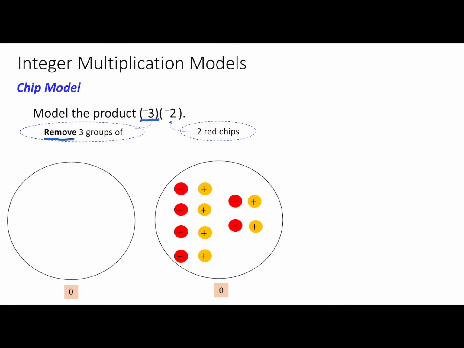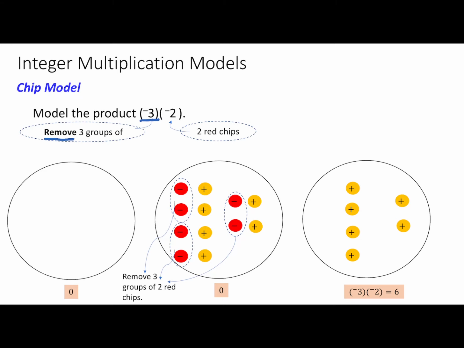So what I'm going to do is put in 6 pairs of red and yellow chips. In particular, that's 3 groups of 2 red and yellow chips. Okay, so that's still 0. And now I'm going to remove 3 groups of 2 red chips. So I'm going to take out all of those red chips, and I'm left with 6 positive chips. So negative 3 times negative 2 equals 6.